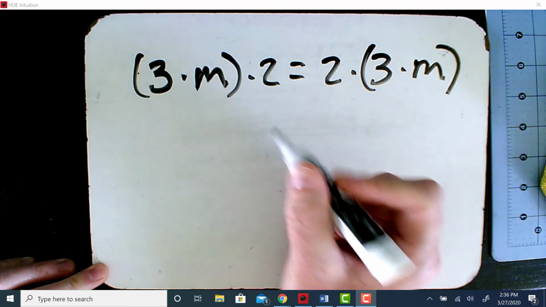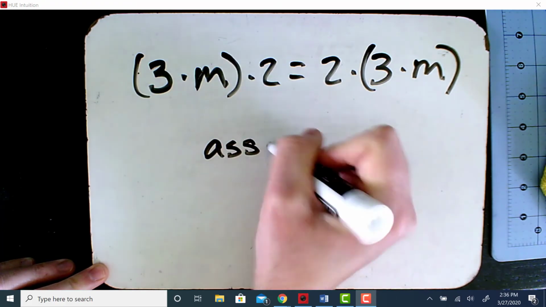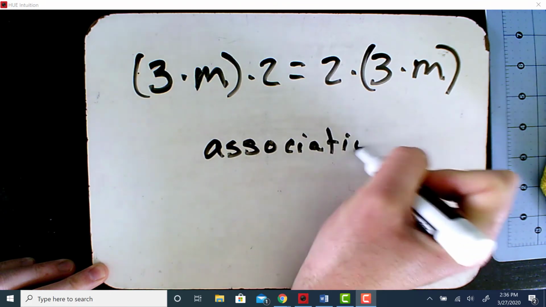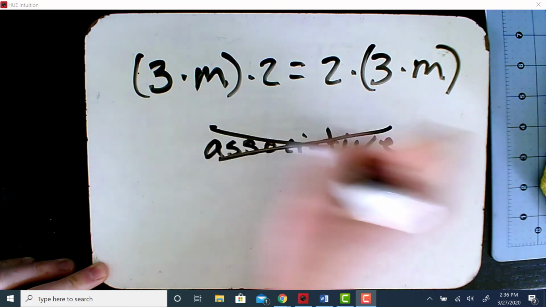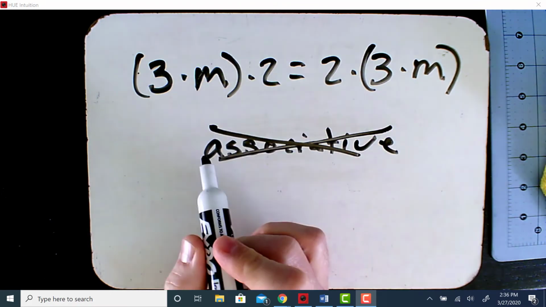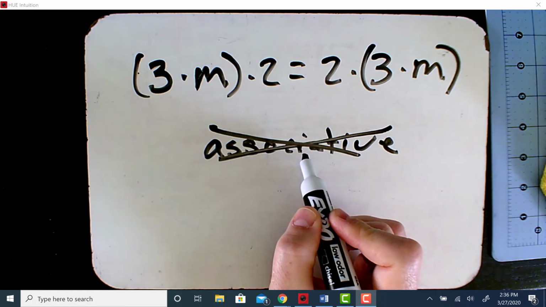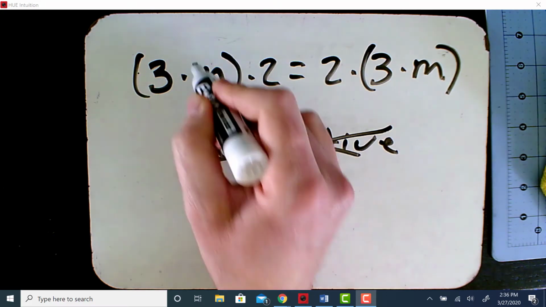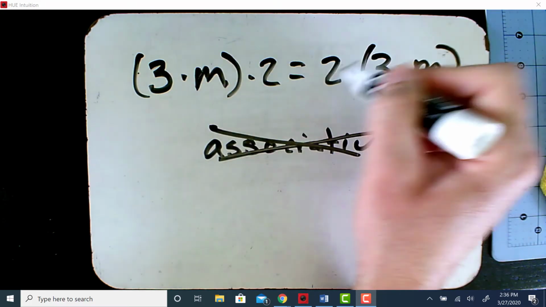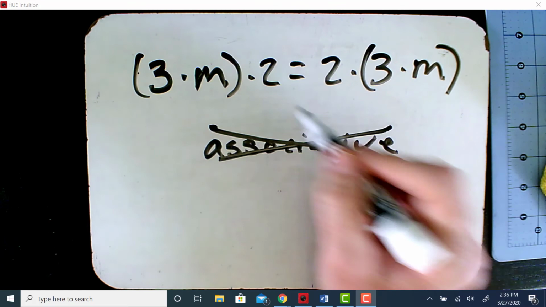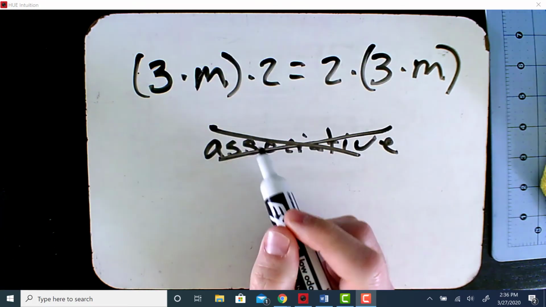So if you said associative, you're wrong, because the parentheses didn't change where they were at. And when associative happens, we're changing how the numbers are grouped. In this case, that means we would have had to be moving the parentheses around the 2 and the 3, or maybe around the m and the 2, and that would have been changing it.